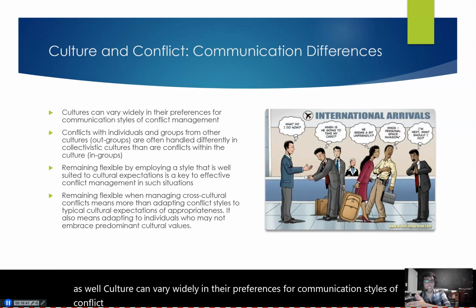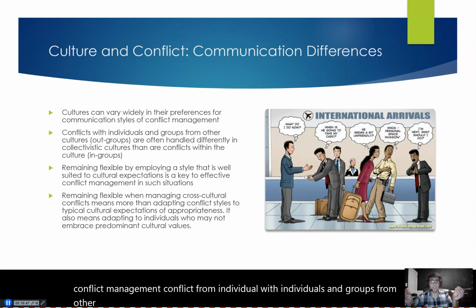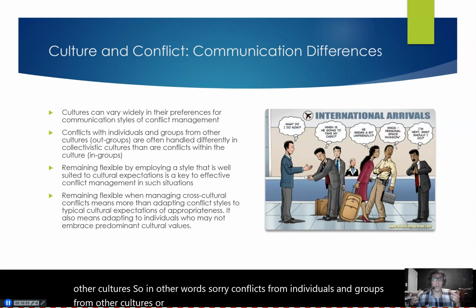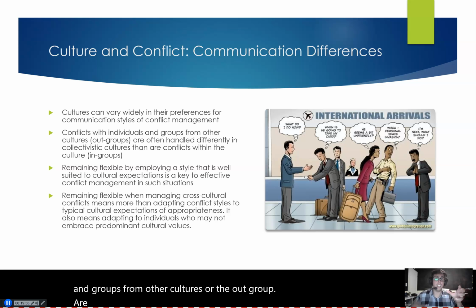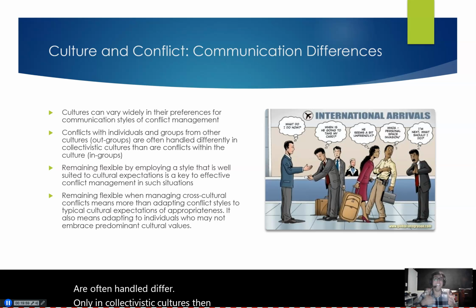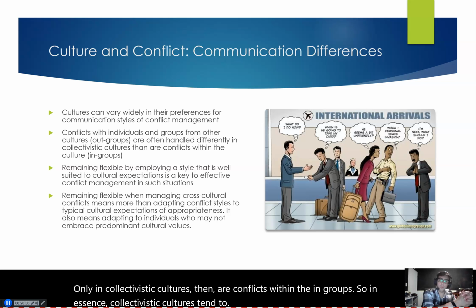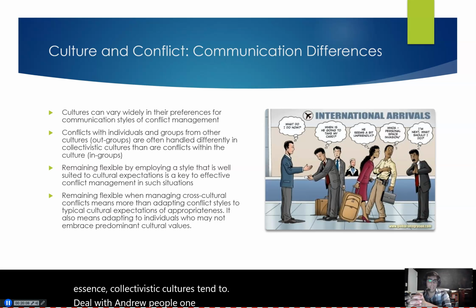Conflicts from individuals and groups from other cultures, or the out group, are often handled differently in collectivistic cultures than are conflicts within the in groups. So in essence, collectivistic cultures tend to deal with in-group people one way and out-group people another way.